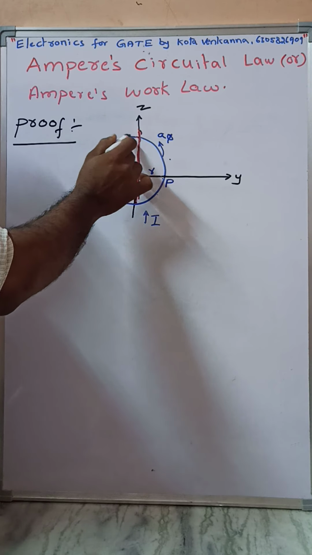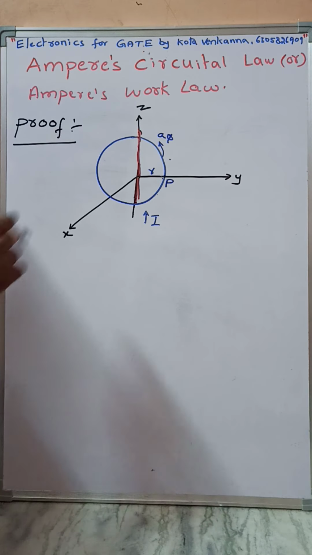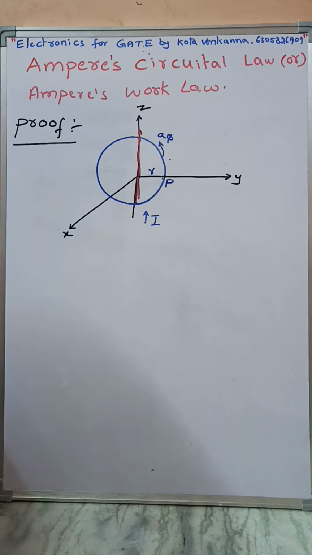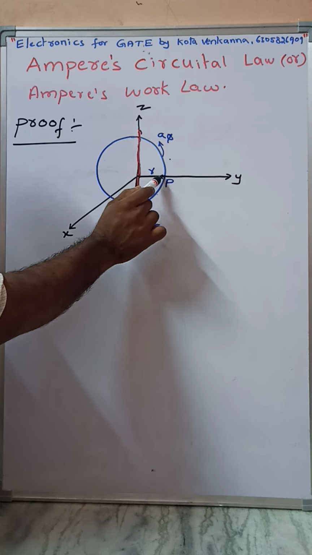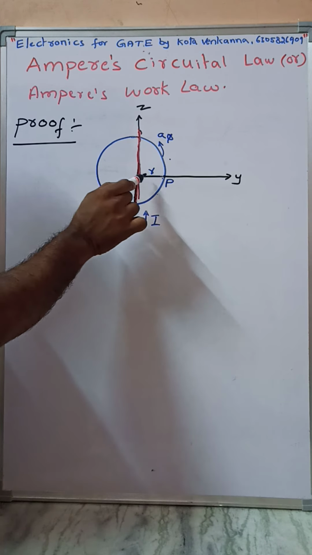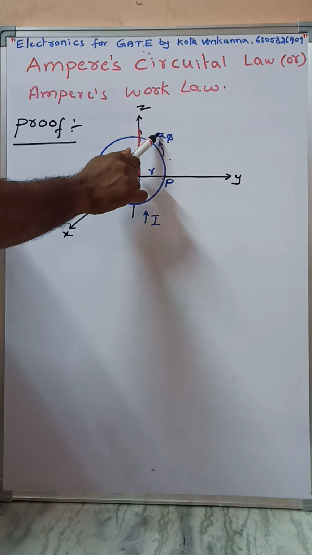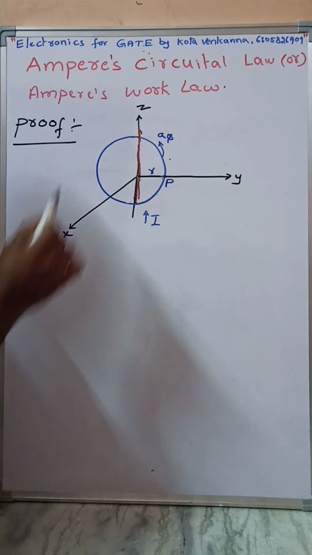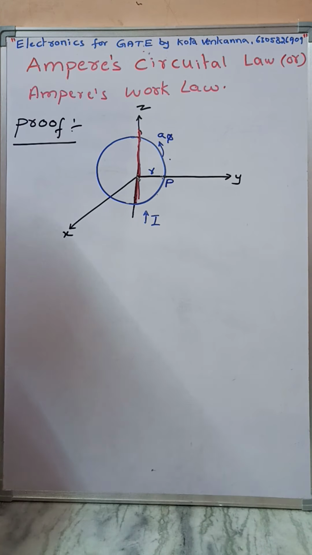The enclosed path is in the direction of A phi. Here is the current I, this is the distance r from the center to P, this is the direction A phi, this is the point P, this is the Z direction, and this is the X direction.